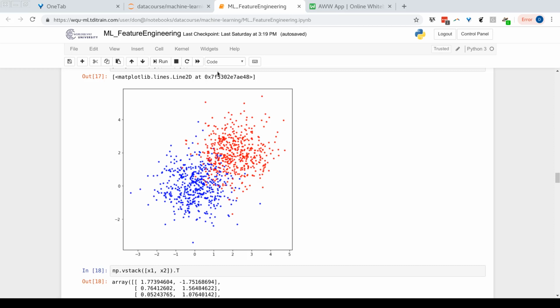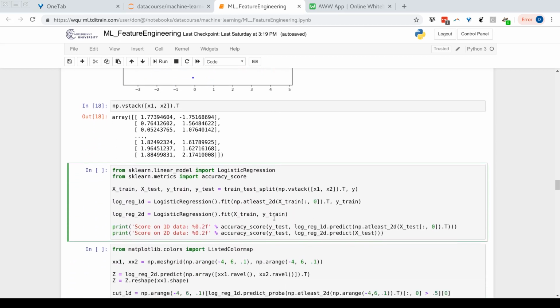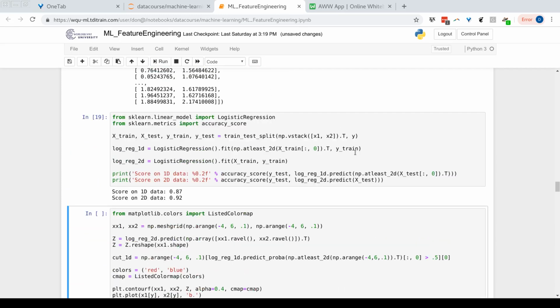If we train it with one feature, it can only draw sort of a cut along this dimension. But if it has two features, then it can do a diagonal and do a better job that at least we see right now initially. So let's go ahead and confirm our initial expectations. Let's train our models. Let's go ahead and print out the accuracy for both of them on the test set. And we see indeed when we have two features, we do a better job to classify our observations.